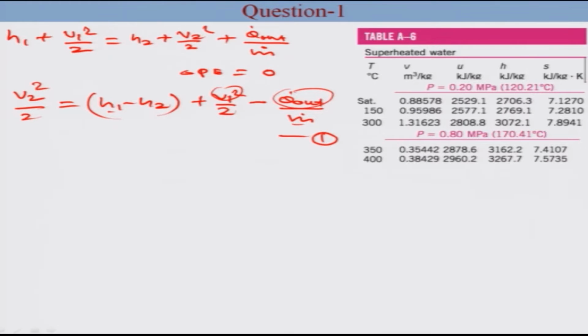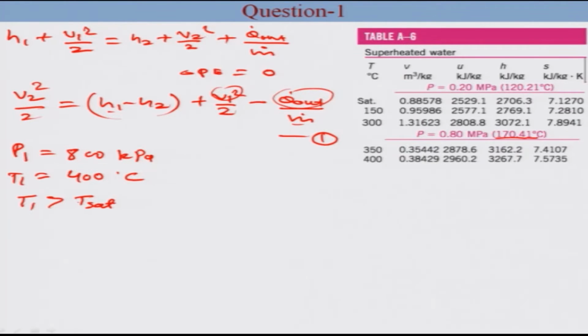So it is given that at inlet condition P1 equal to 800 kilopascal and T1 equal to 400 degrees centigrade. At this pressure, the saturation temperature should be 170.41 degree centigrade, but here T1 is greater than T saturated, that means this condition is superheated.